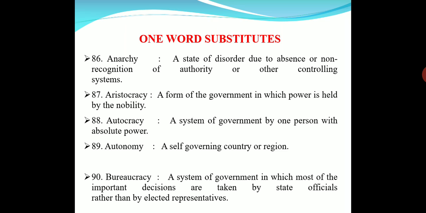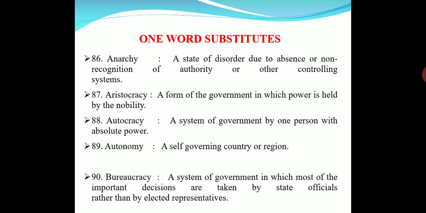Some people will be there who are called as nobles, and the power will be in their hands. And autocracy. Autocracy is a system of government by which one person with absolute power. Autocracy. That is monarchy is autocracy, we can say. Autonomy, a self-governing country or region.